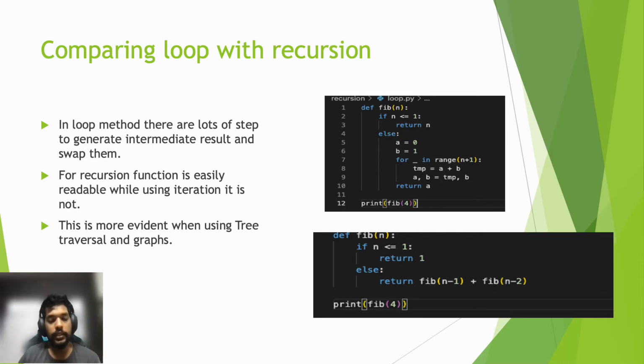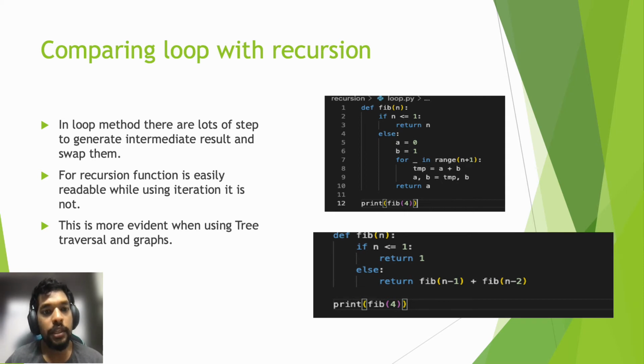So now I spoke about the recursive function for the Fibonacci series. Now let's do a comparison of loop with recursion. So in the screenshot I have attached, I have given both the Fibonacci series calculation using a recursive function as well as the loop.